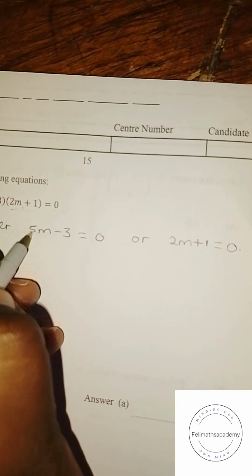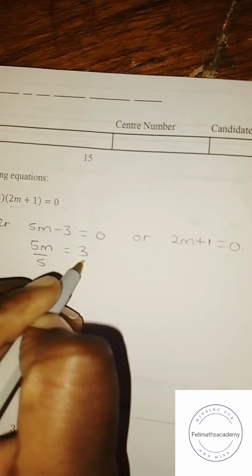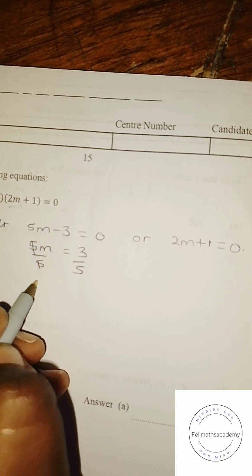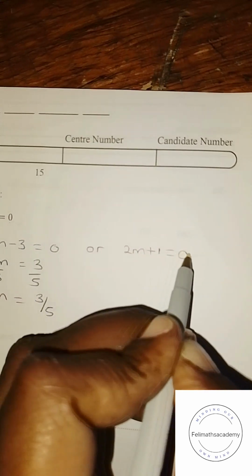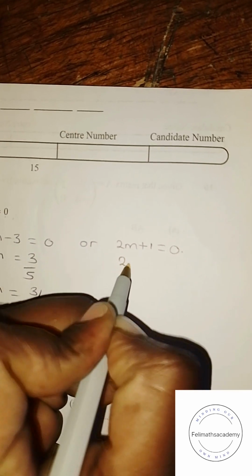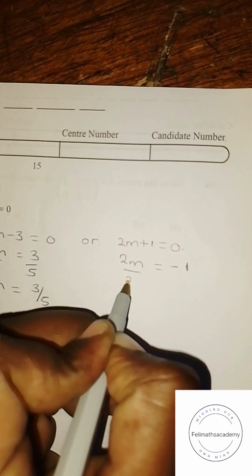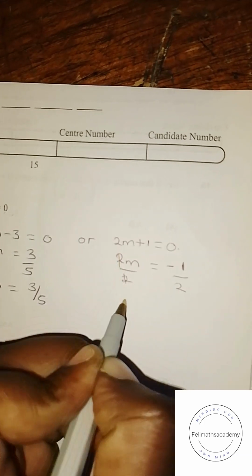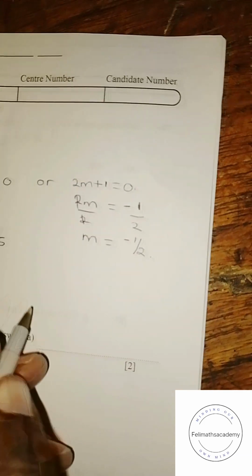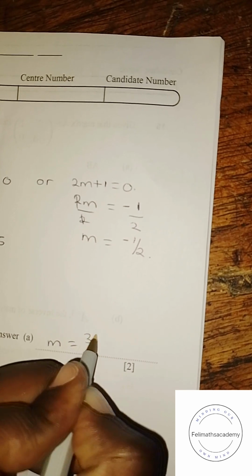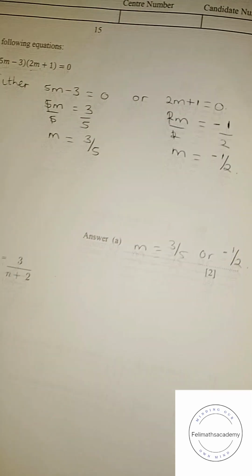We solve this part: 5m is equal to 3. Divide both sides by 5, so m is equal to 3 over 5. Or we solve this part: 2m is equal to minus 1. Divide both sides by 2, so m is equal to negative half. So m is equal to 3 over 5 or negative half.